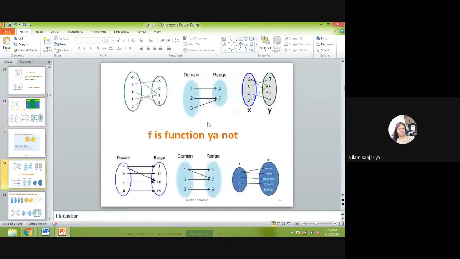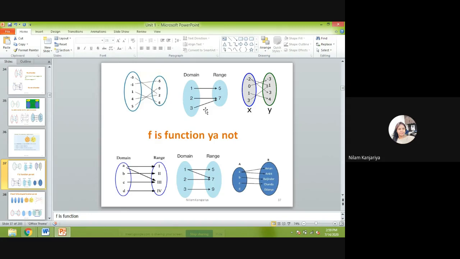I think you can check whether it is completed or not. It's completed. Okay. I'm putting an arrow somewhere. Is this a function or not? That's not a function.